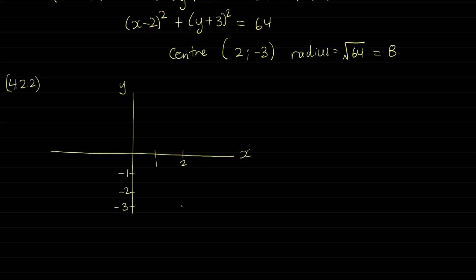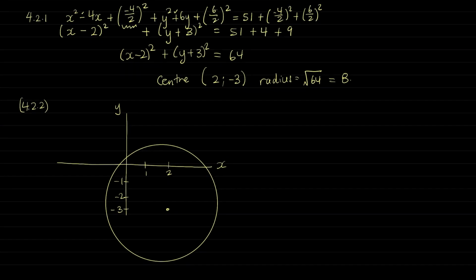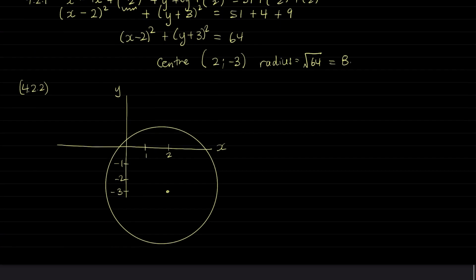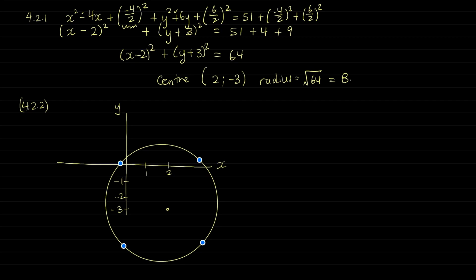My center is here. Then I have a radius of 8, so it's going to be quite a large circle. I'm just going to draw it as best I can here. Okay, maybe not ideal, but I think that's good enough.